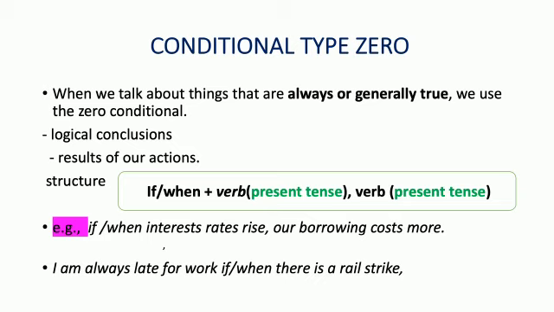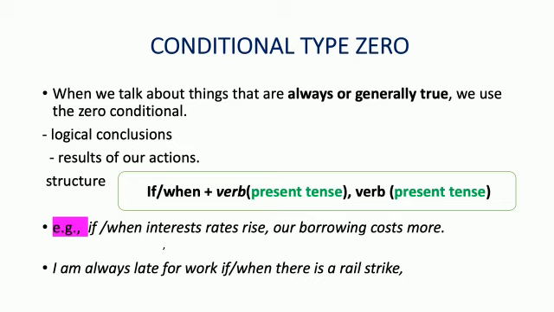You can find it also in scientific truths that we know. Well, the structure of conditional type 0: we have if or when. You can use if or when, they are the same, plus a verb in the present simple tense, and the verb of the result clause is also in the present tense.